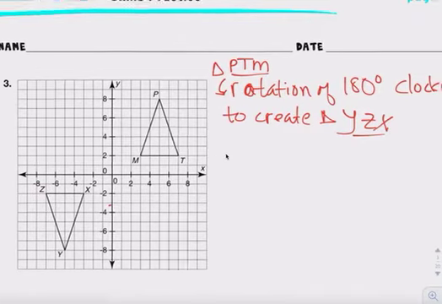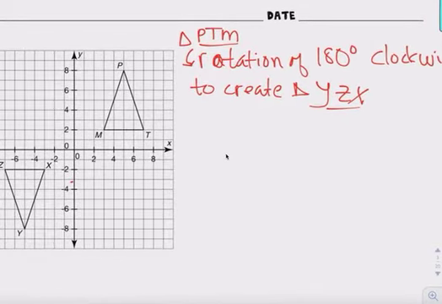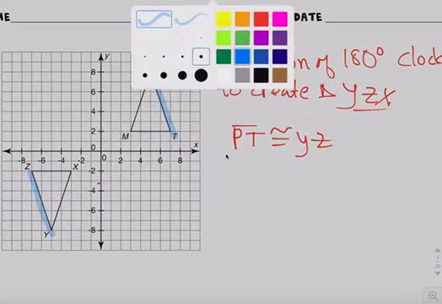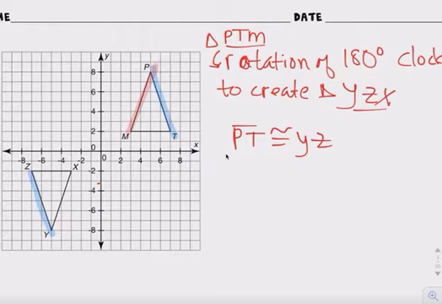Let's take the sides first. Line segment PT is congruent to YZ. Then MP corresponds to YX. Line segment MP is congruent to XY.